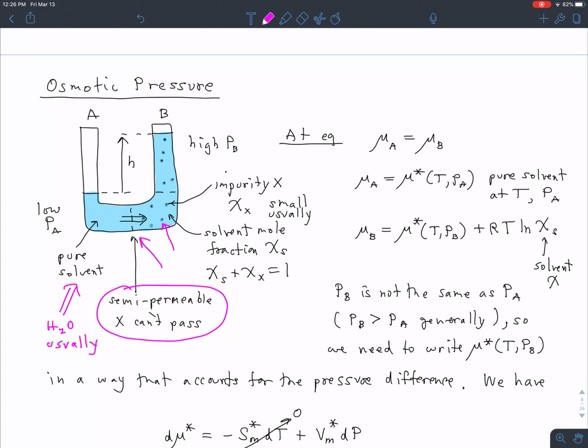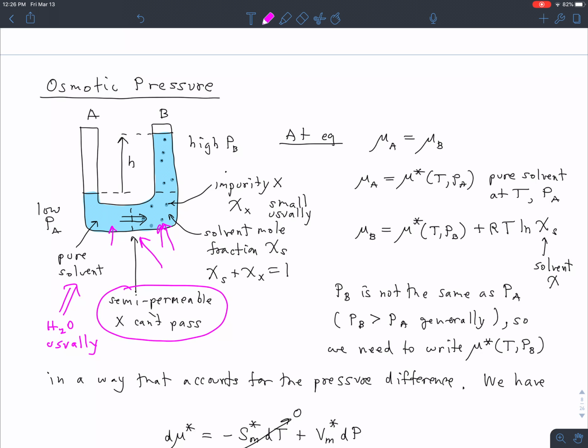So whatever the mechanism is, there exist things called semi-permeable membranes, and they prevent certain kinds of impurities from passing through. What that means is that the concentration of impurity on one side can be completely different than the concentration of impurity on the other side.